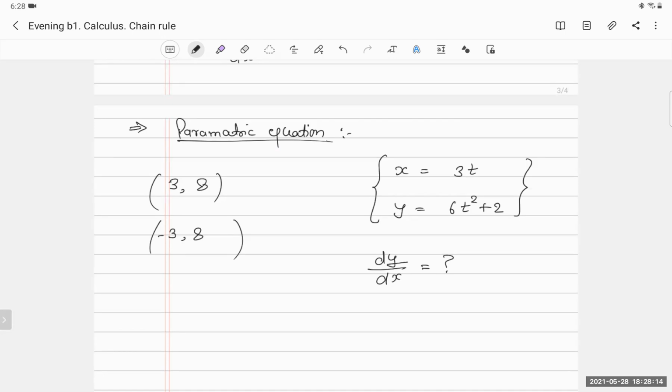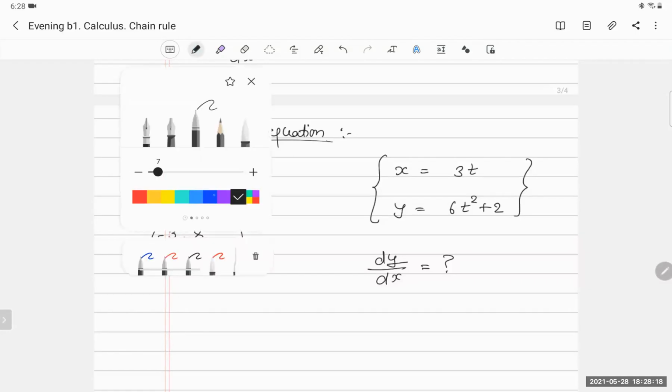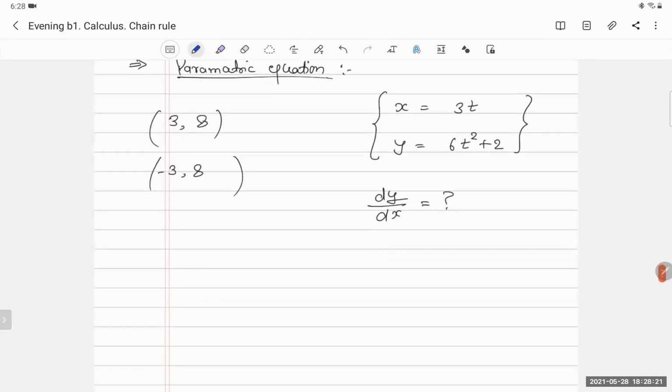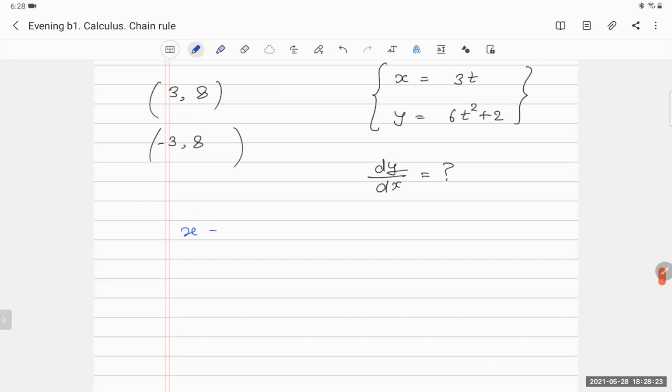No, you don't have to go for chain rule. You do one thing. Sir, tricks. We'll multiply by dt by dt. See, this is x. X is 3t. Here is x, here is t. Can I solve dx by dt? Yes, sir. Easily, it will become 3. Here is y. Y is 6t square plus 2. So here also I will calculate dy by dt. What will it become? 12t. 12t. This is equation 1.